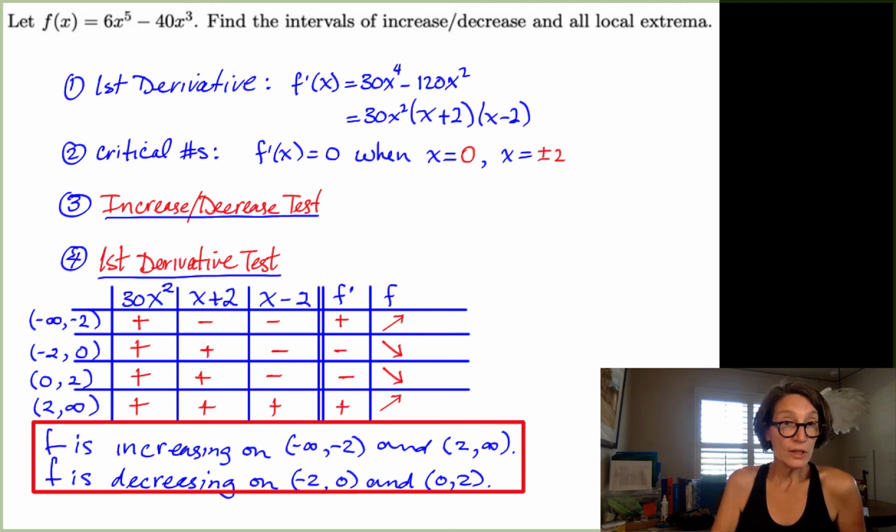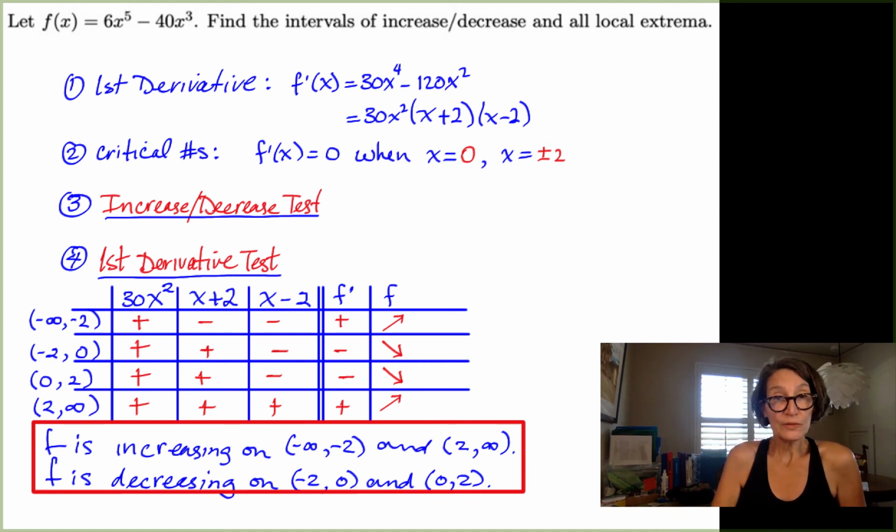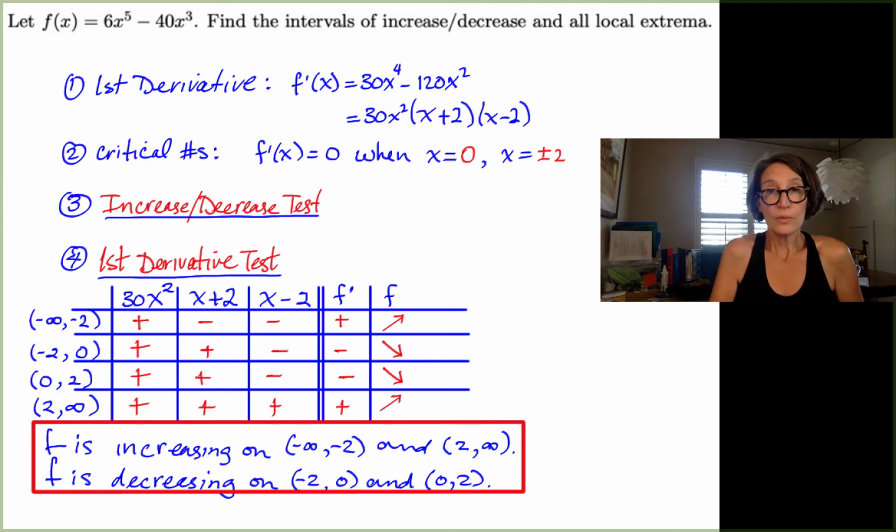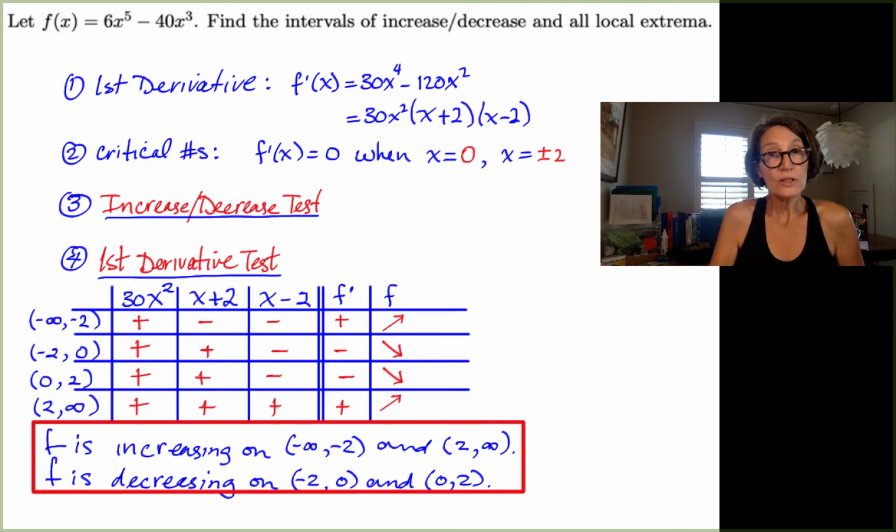So we've used the increase-decrease test. So now we're going to use the first derivative test. The first derivative test says, look at all your critical numbers. If the derivative changes sign at the critical number, then you have either a max or a min. So looking at the critical number negative 2, we see that the first derivative changes from positive to negative there.